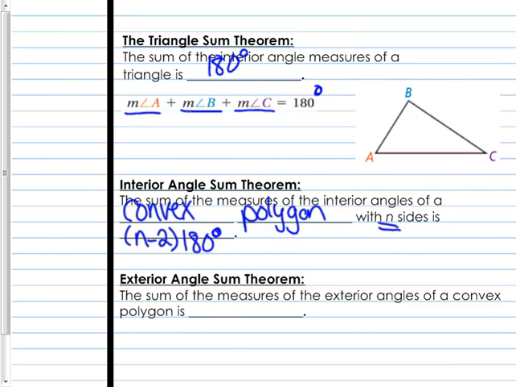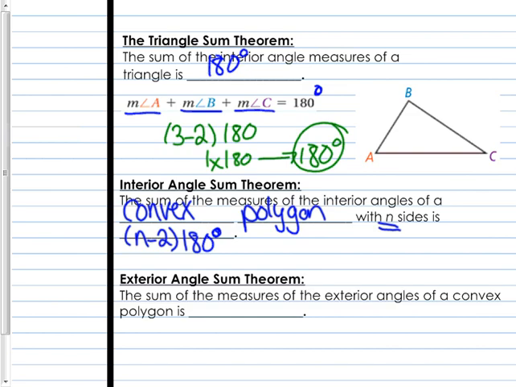Let's try that with a triangle. A triangle has 3 sides, so 3 minus 2 times 180. Well, obviously 3 minus 2 is 1. 1 times 180 is 180 degrees. Is that how many degrees are in a triangle? Yes. We know it to be true. So I just showed you it using a triangle as an example.